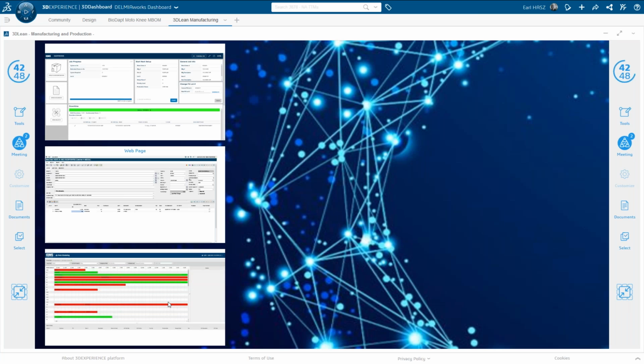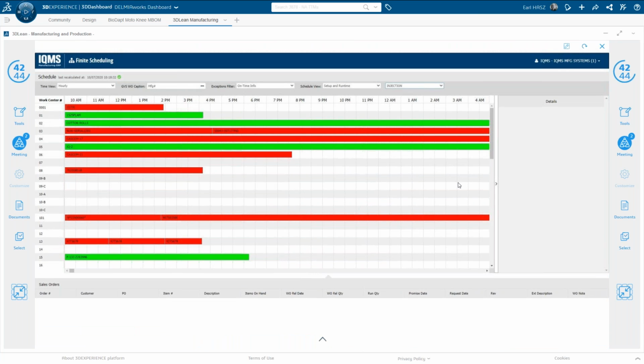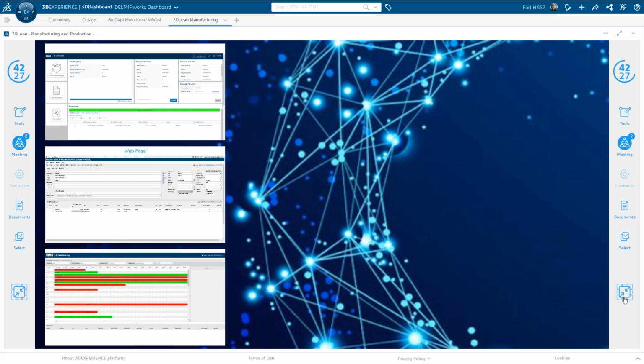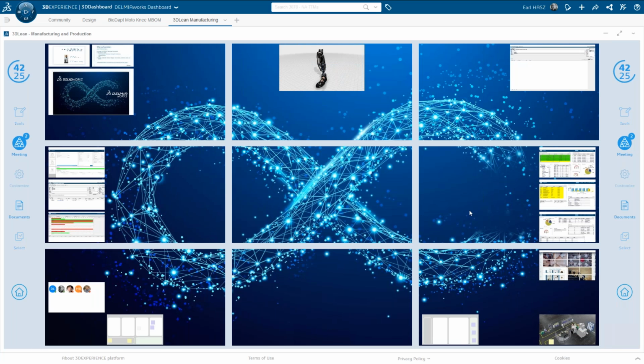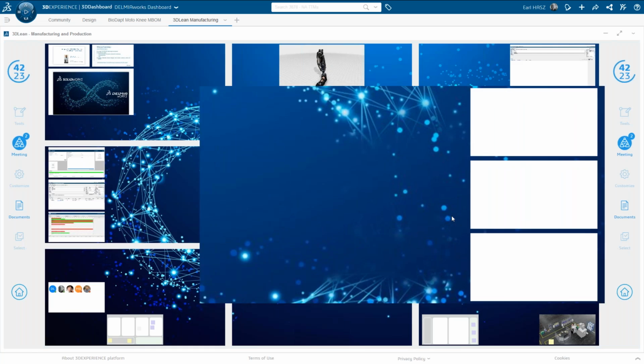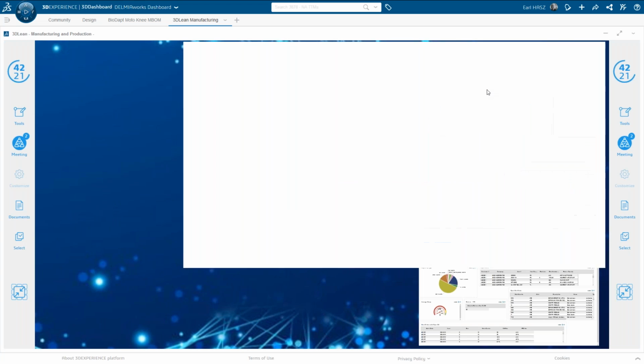And of course, in the process of doing that, I can look back to my schedule and see what's actively running, what's not running, which orders are on time, which orders are late, and which machines, which work centers, are actually up and running at a given time. So this is all given to us at our fingertips, ready to go.